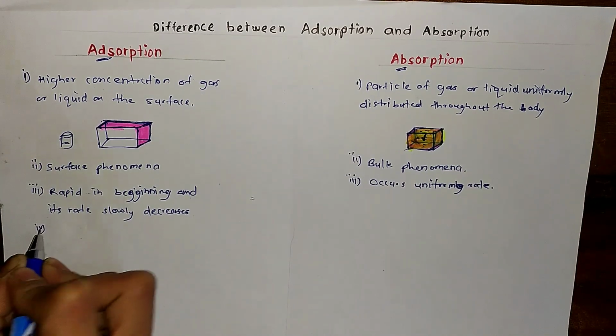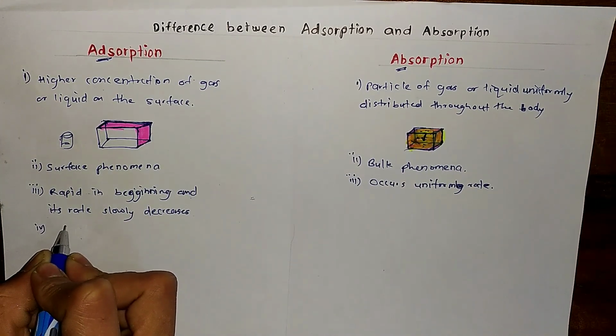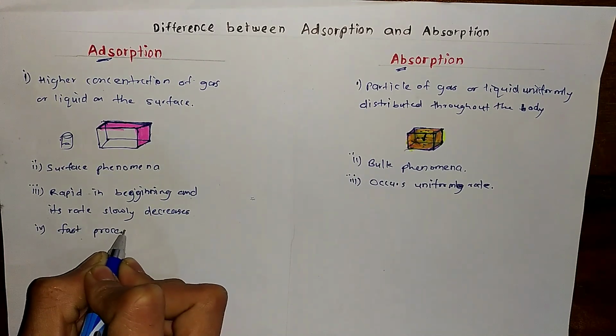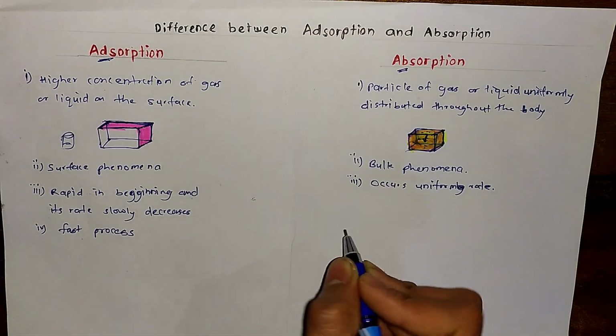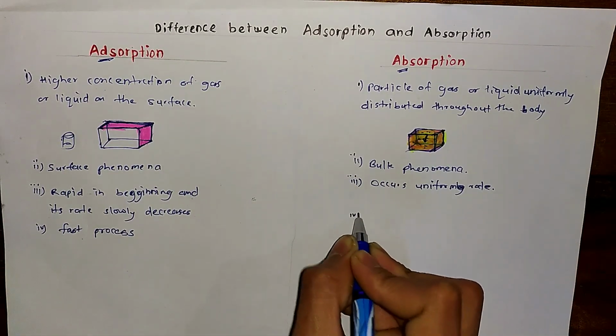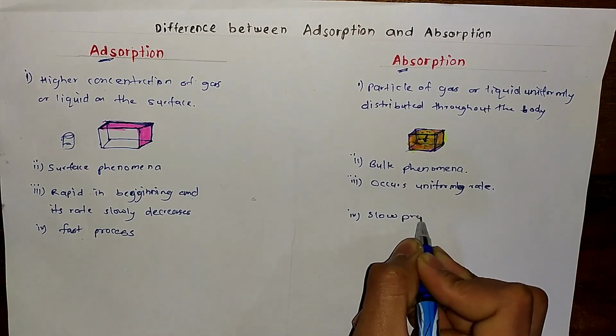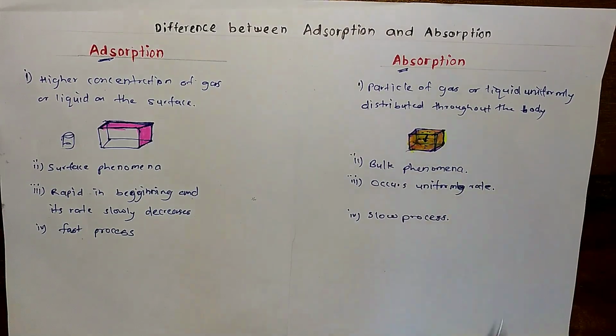Fourth difference is adsorption is a fast process and absorption is a slow process.